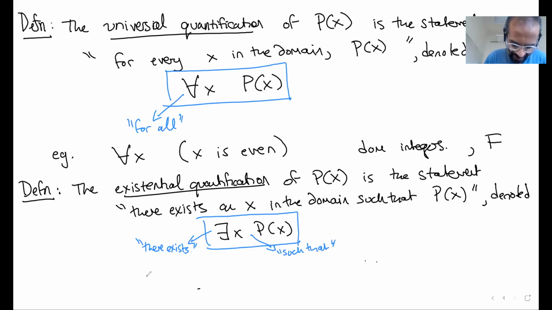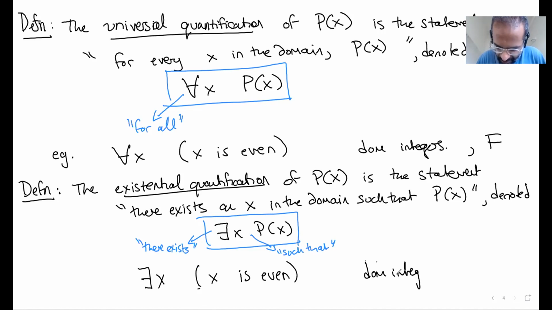So the corresponding example, the existential quantification of the same statement, would be: there exists x such that x is even. And again, the domain is the integers in this statement.